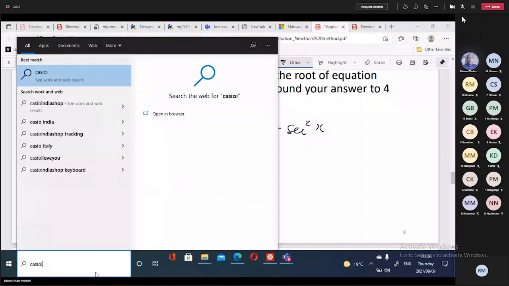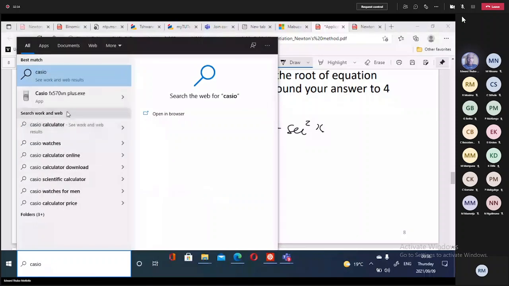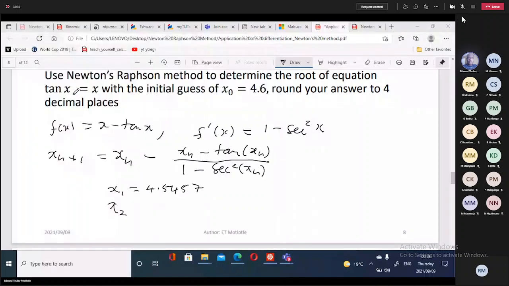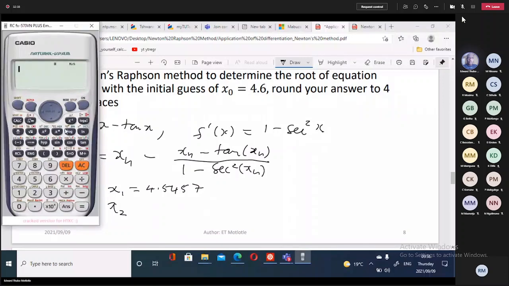Okay, so we're going to start again. So you have a calculator in front of you. Now you have the initial answer. I'm going to use my calculator here because this one is misbehaving. X minus tan, at least you know what is expected now.